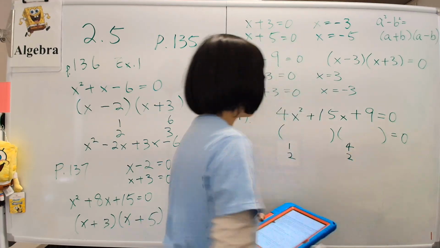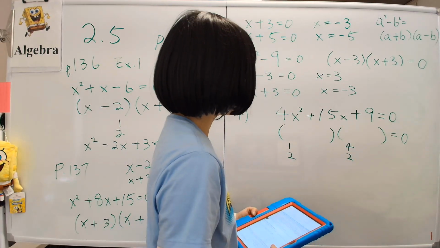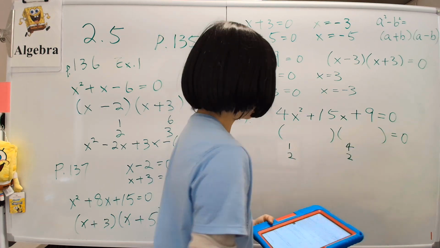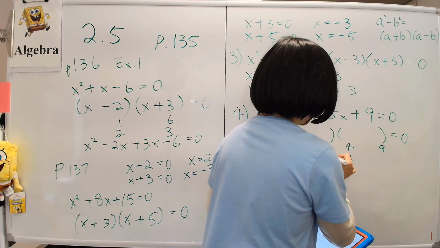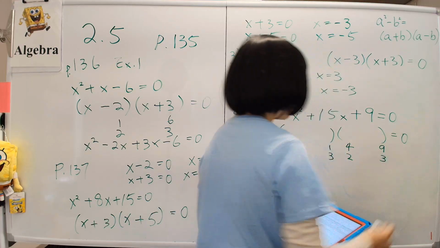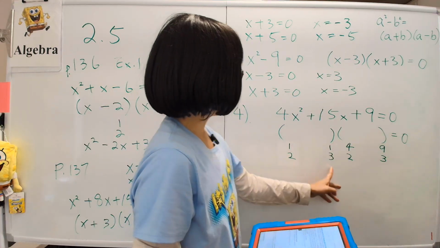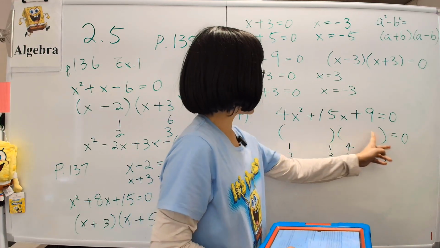So these are our options. In the meantime, the options for the numbers on the side include 1 and 9, and then 3 and 3.